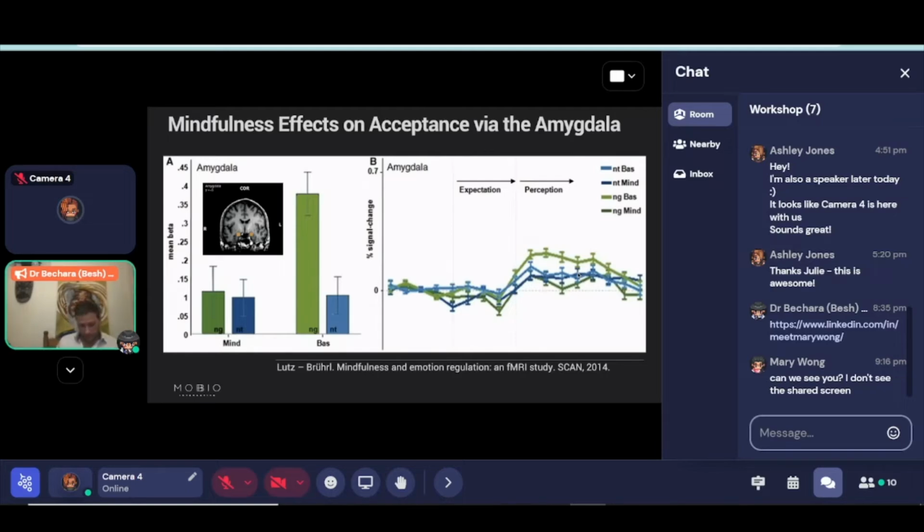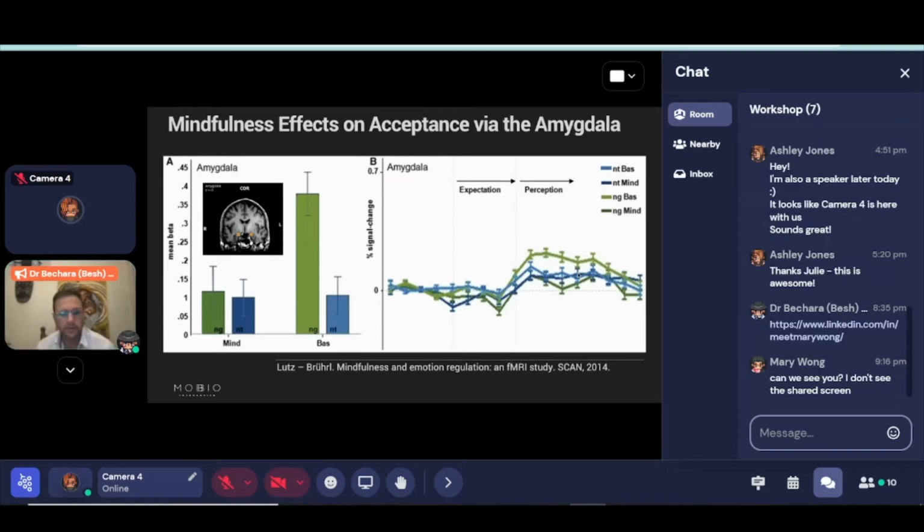So, for example, some images like spiders and snakes will reach your amygdala, and your amygdala can cause you to react even before you really are consciously aware of what you're seeing. And so it's a really important structure in the whole fight or flight response, how you perceive the world and respond to it.